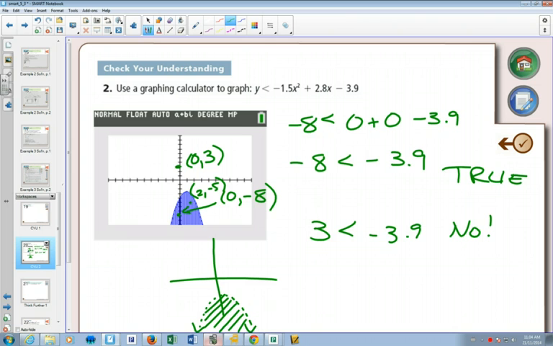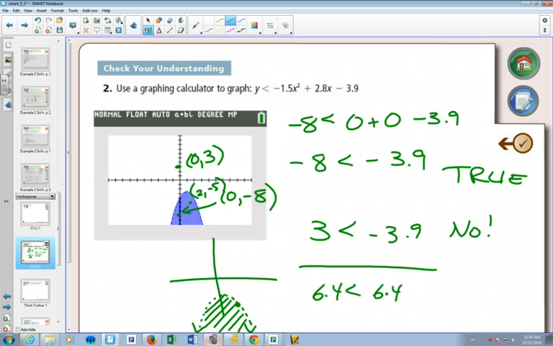The difference between the dotted line and the solid line is whether or not there's an equal sign with the less than. What it means is if I picked a point on the line, it won't be true. There are some points that are right on that line. If you plug the values in, you would get the same answer. Maybe it's 6.4 and 6.4.